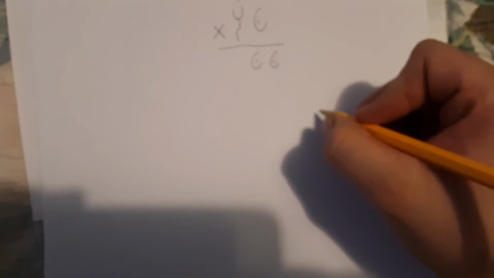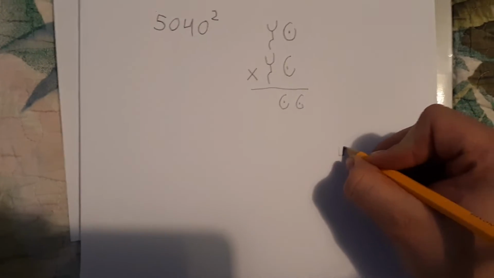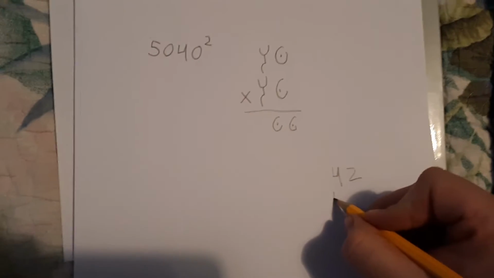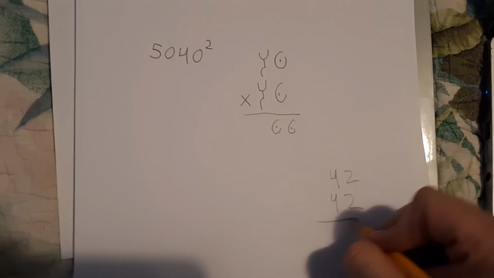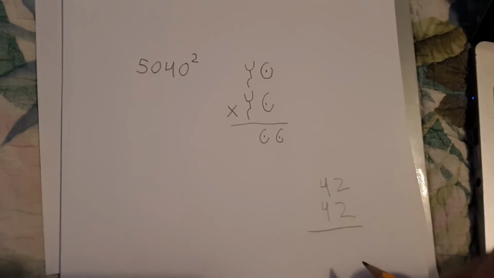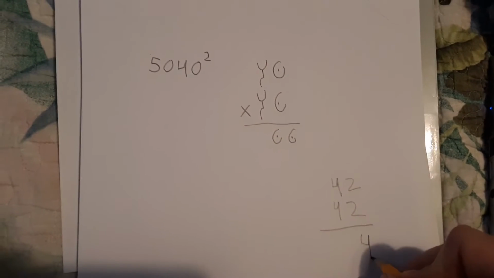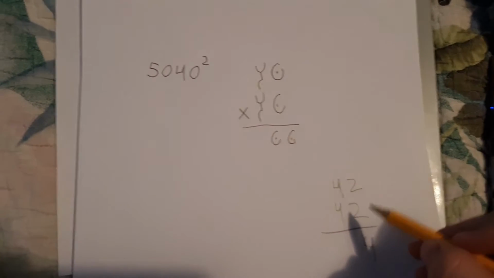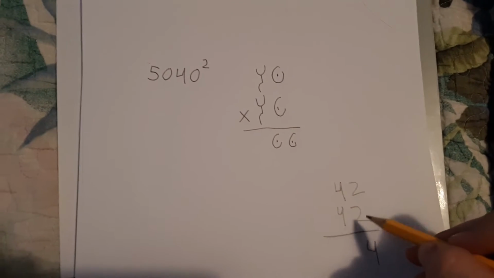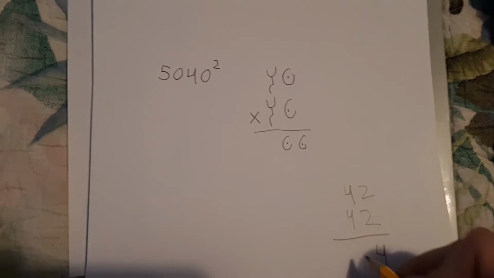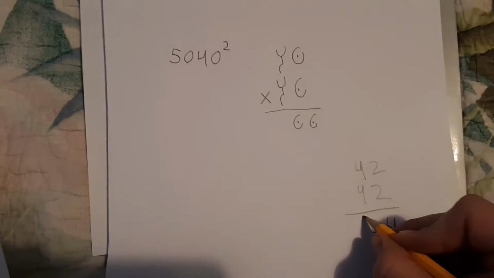42 times 42. Now 42 times 42, you can do the same thing, right? You have 2 times 2, which equals 4. 4 times 2 is 8, so 8 plus 8 is 16, carry the 1.